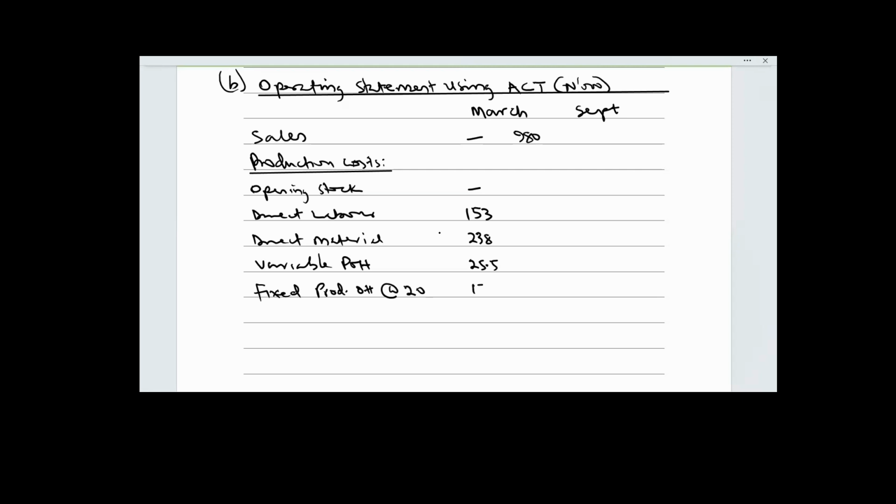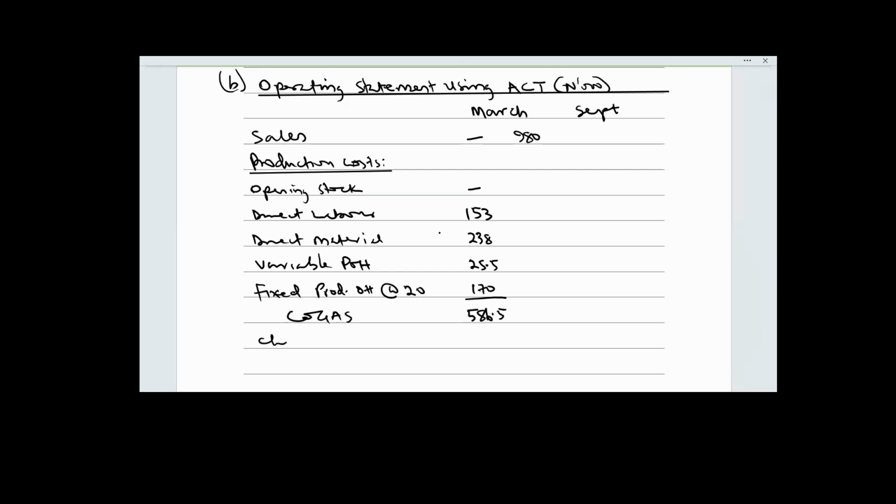So add up everything. What do you have? 586.5. That's COGAS.